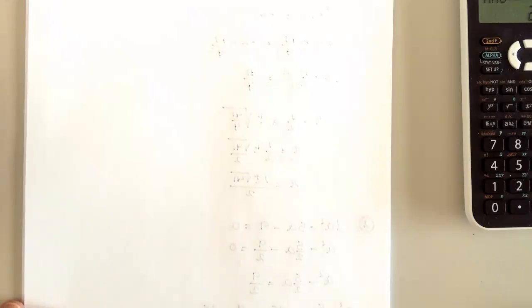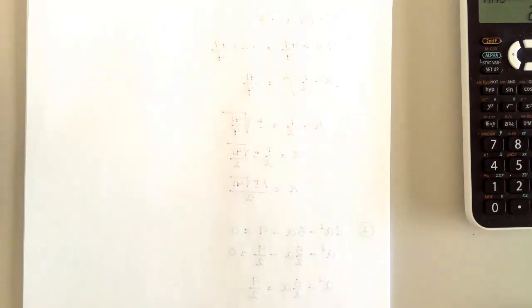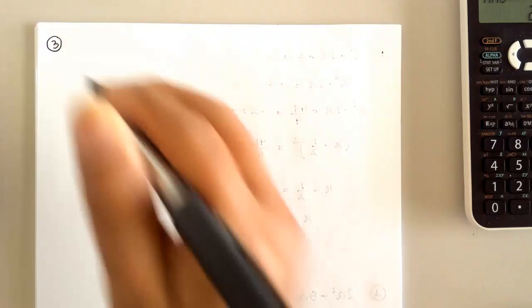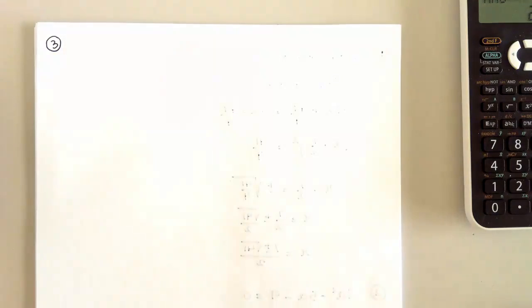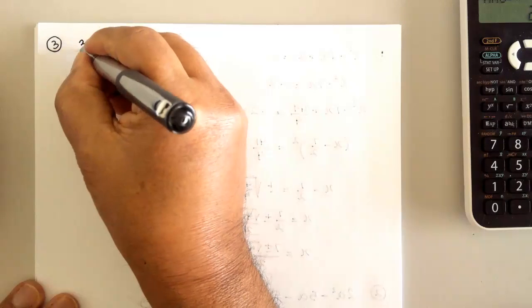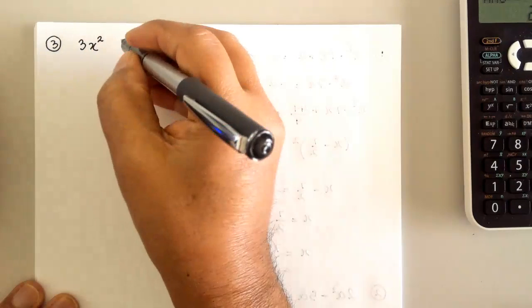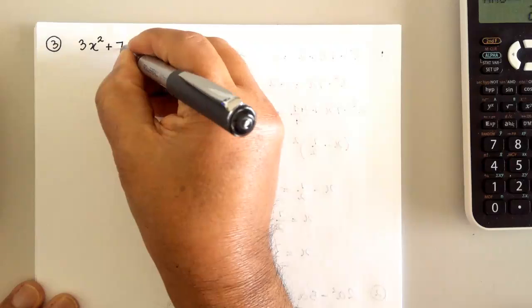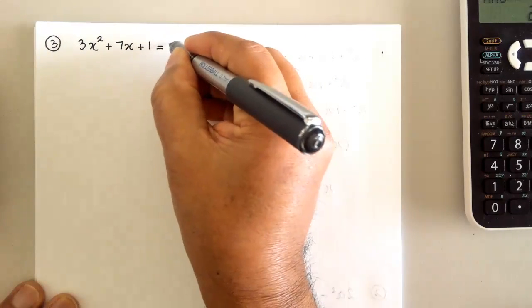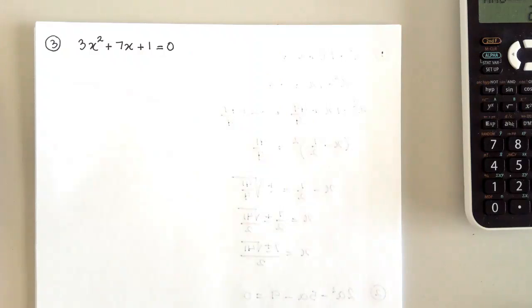Okay, so now we have question 3. Let's say that we are doing this question now. We are doing 3x squared plus 7x plus 1 equals 0.